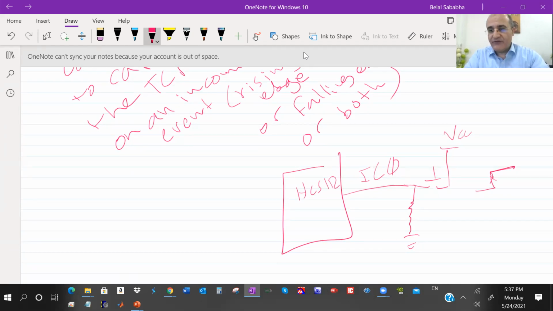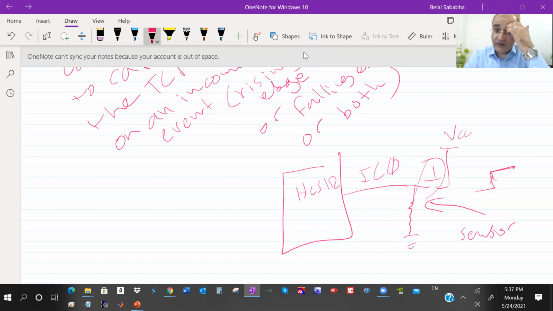It could be coming from any sensor. The button could be on your door or window. Okay, whatever. Something that causes a rising edge.